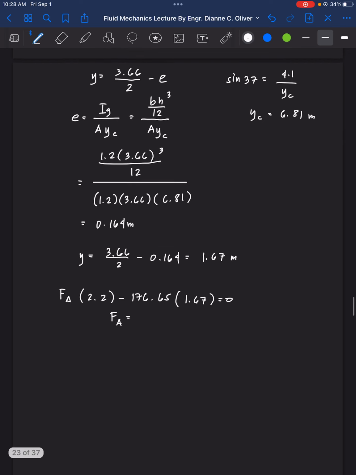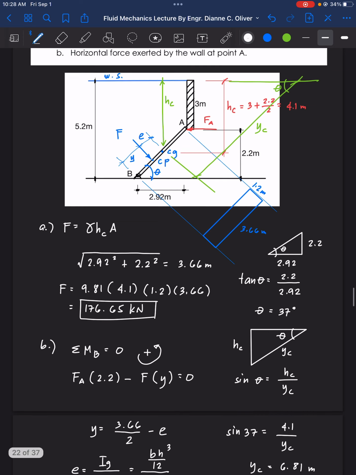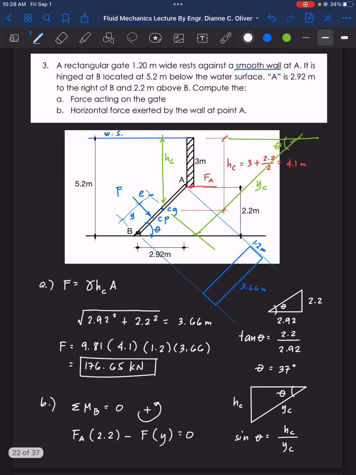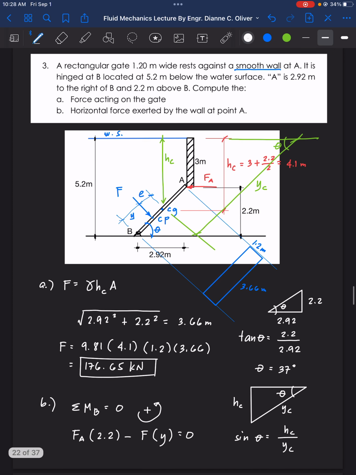That is 134.09 kilonewton. So that is the force exerted by the wall at point A. So this is our example number 3.